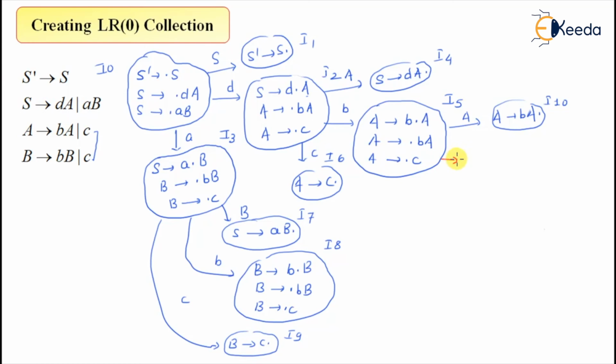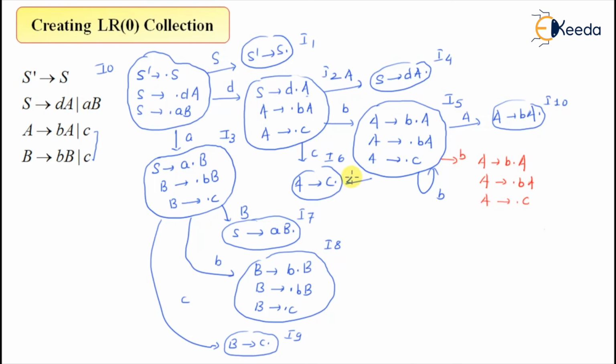And on input b, what will it become? It will become A derives b dot A, and A derives dot bA and A derives dot c. So it is exactly the same as here, and for that reason we can just loop on input b.